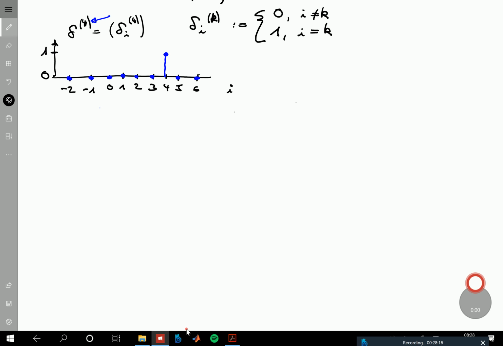And this looks as follows. Let's give it a name: representation of sequences.